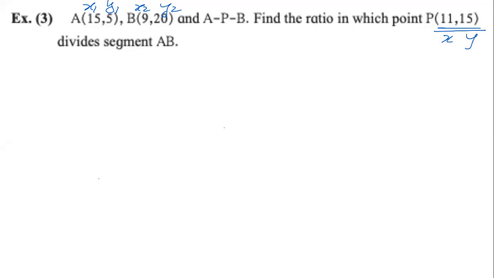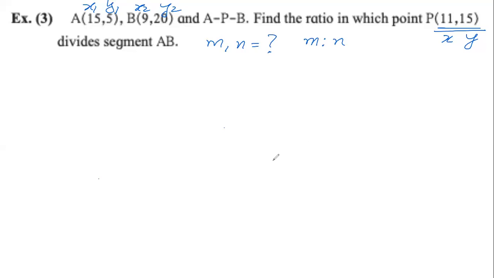And 15 is the value of the variable y. Then what is it that we have to find? We have to find two things here. What is it that we need to find? M and N. Very good. We have to find M and N. If we find M and N, we can also find M is to N.